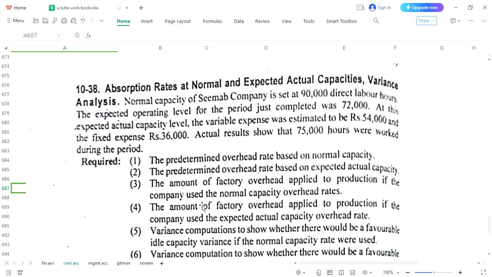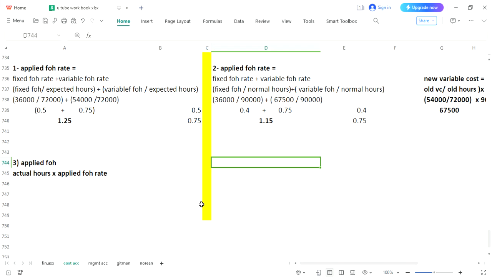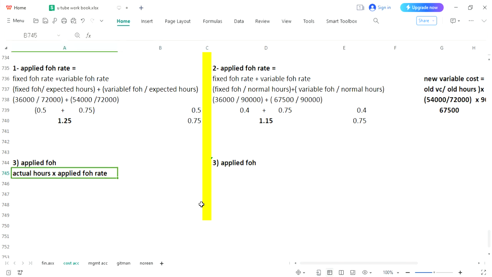So in both cases we will be calculating applied FH. Here the third requirement is to calculate applied FH according to normal capacity, and the fourth requirement is applied FH according to expected capacity.